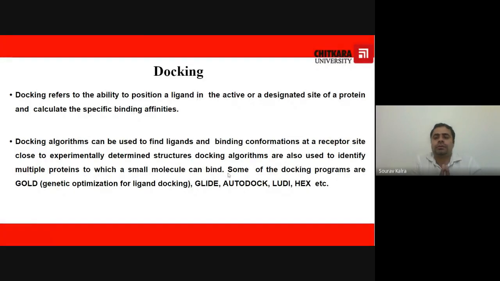In docking, we have the receptor and the ligand, and the receptor is already bound with an inhibitor with which it is co-crystallized.